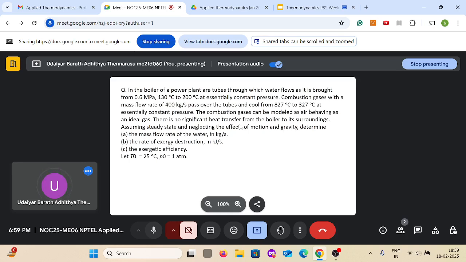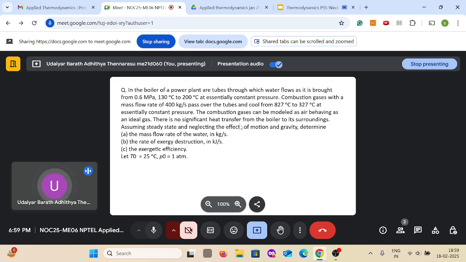So next question is, in the boiler of a power plant are tubes through which water flows as it is brought from 0.6 megapascal and 130 degrees Celsius to 200 degrees Celsius, essentially at constant pressure.